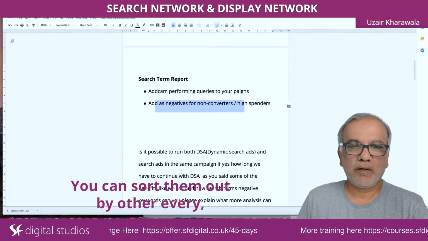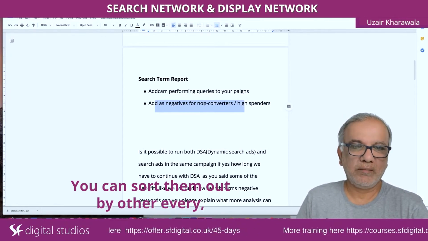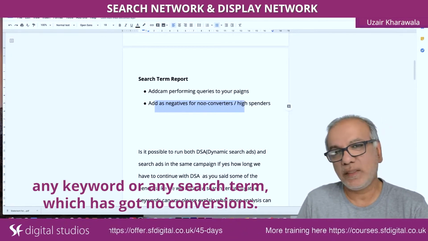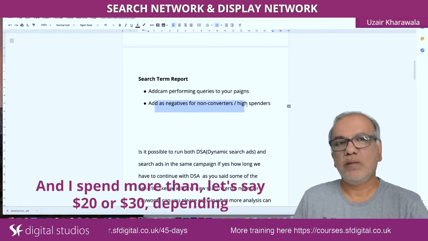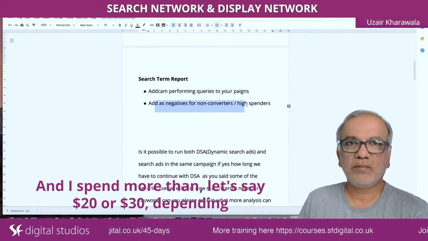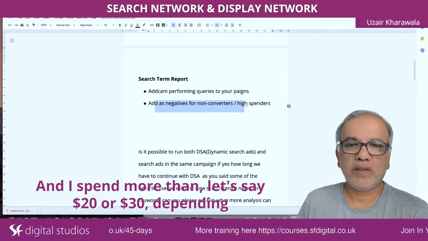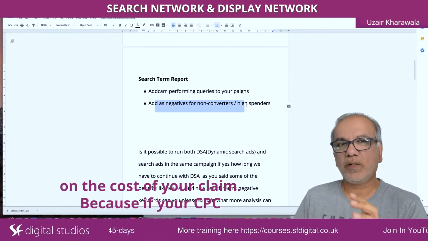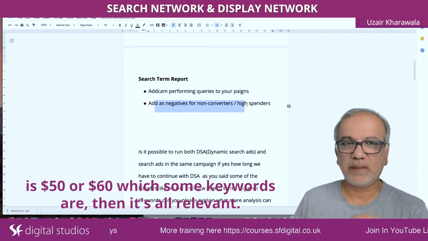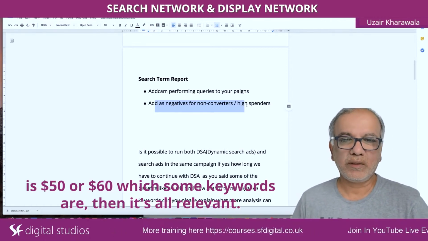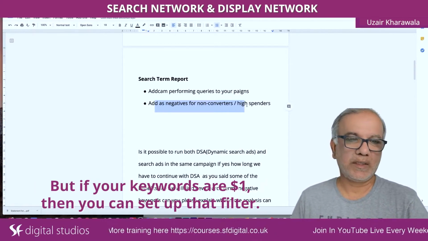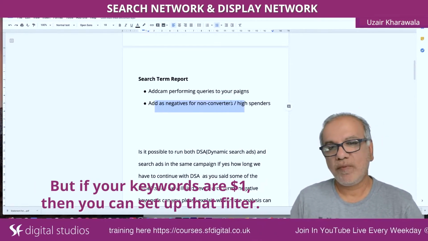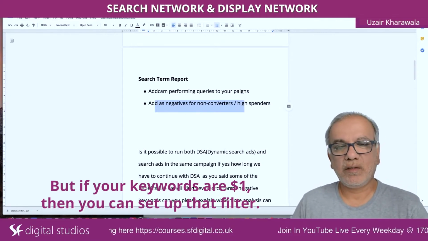You can sort them out by either that any keyword or any search term which has got no conversions and has spent more than, let's say, $20 or $30, depending on the cost of your click. Because if your CPCs are $50 or $60, which some keywords are, then it's all relevant. But if your keywords are $1, then you can set up that filter.